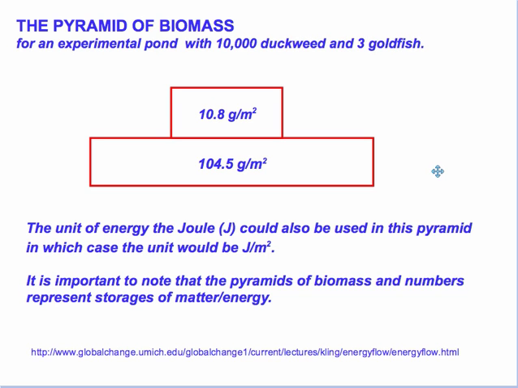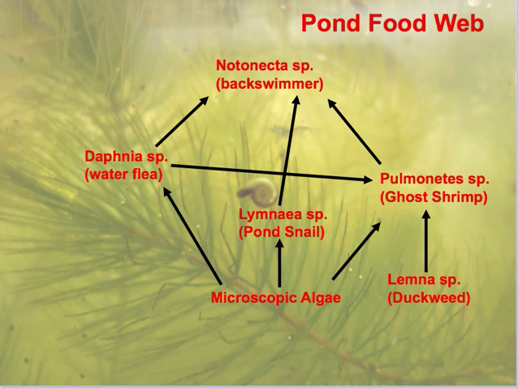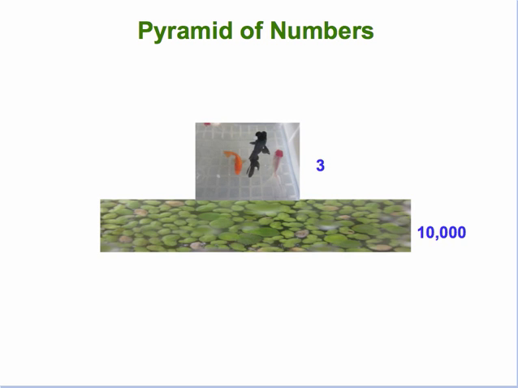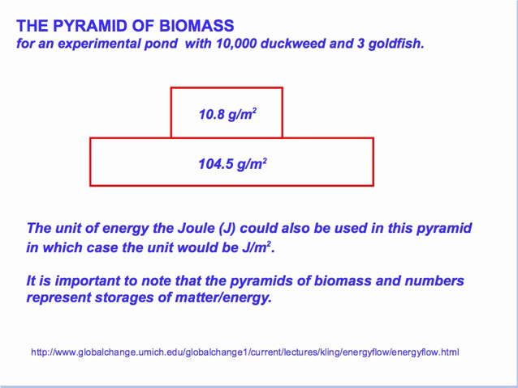So it's what you would call a snapshot of the amount of mass that you have at each trophic level per unit of area. And you can see here that our pyramid here would look very much like this if we converted it into a pyramid of biomass.